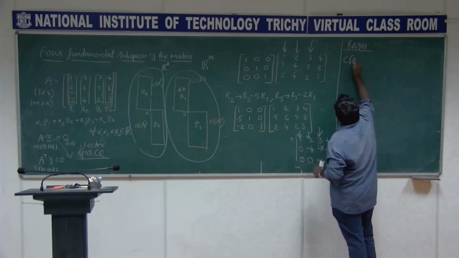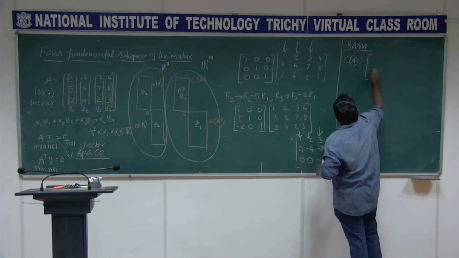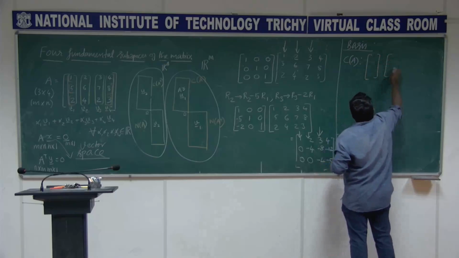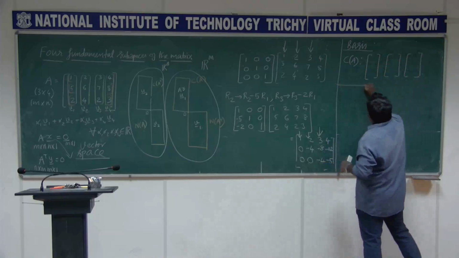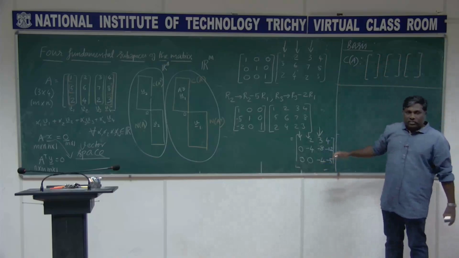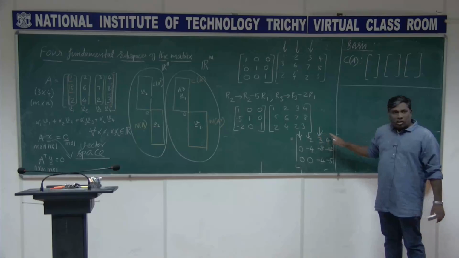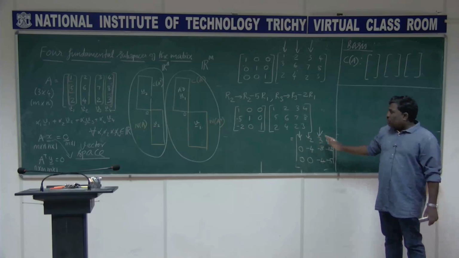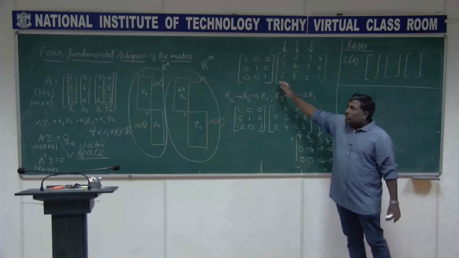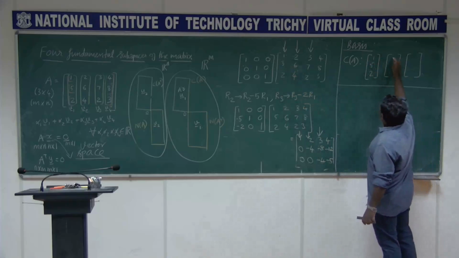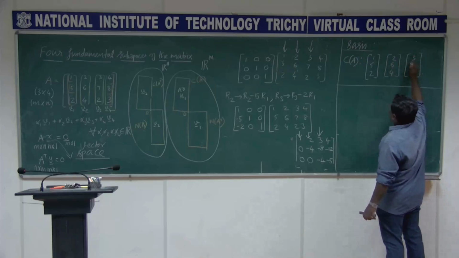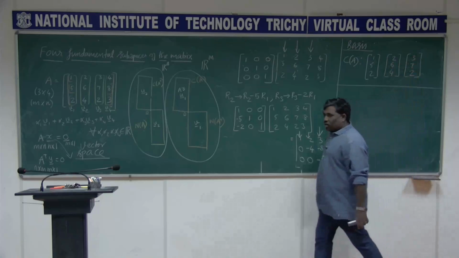So the column space of A, the basis vectors are this. And you have a choice, in fact. I can choose either this column or this column as a pivot, right? It is up to you, but I have chosen the first three. So it is 1, 5, 2, 2, 6, 4, and then 3, 7, 2.